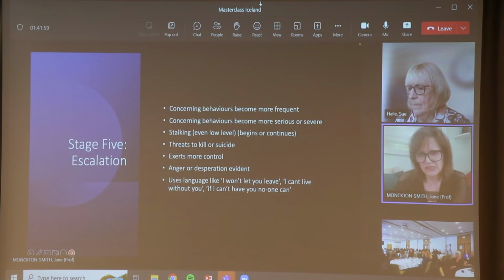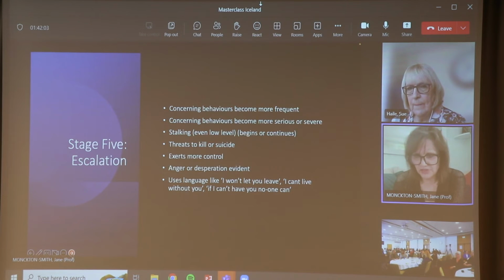The first thing would be that there is a separation, and after a period of escalation or stalking or post-separation abuse, the controlling person eventually moves on.